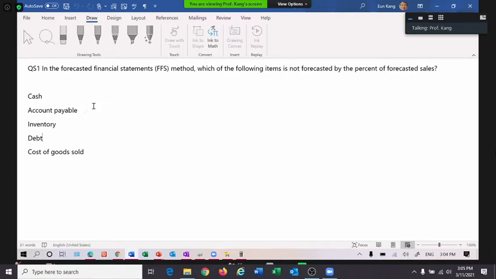All those are spontaneous items. Inventory and cost of goods sold, that also is forecast by percentage of sales, right? But that is definitely not operation, right?